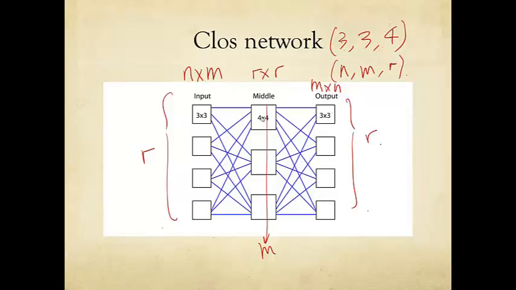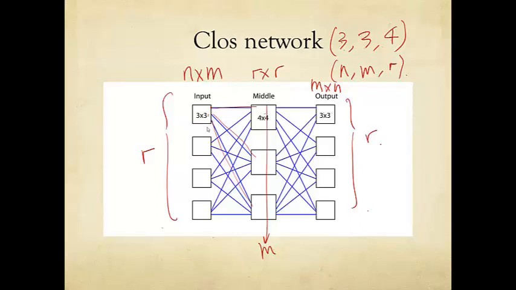Okay. Now, what about the connectivity pattern among these small switches? Basically, each output port from each input switch is connected to each of the middle switches. And that's why there are m of these middle switches, because you need one for each output port of each input switch.